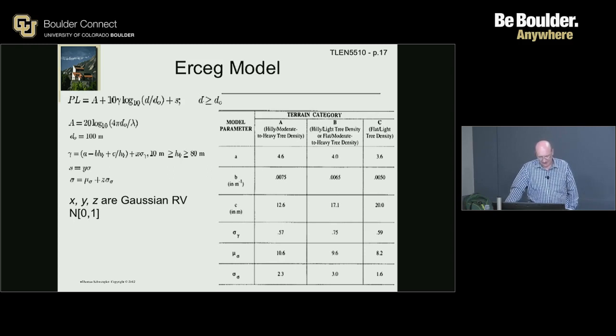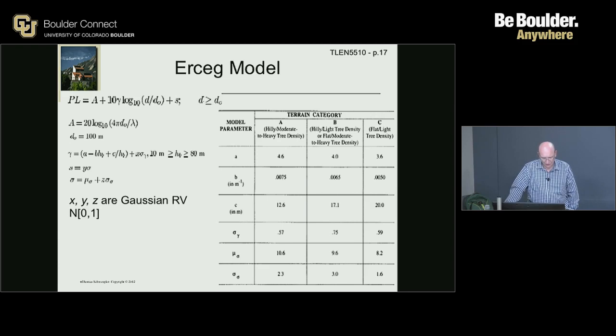And they added a variable here which is a zero mean Gaussian random variable in dB, so it really is a log normal shadowing for those who know already next week's lecture.